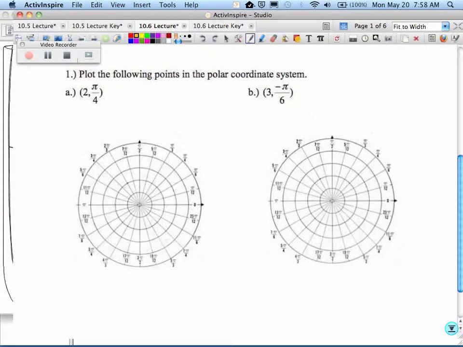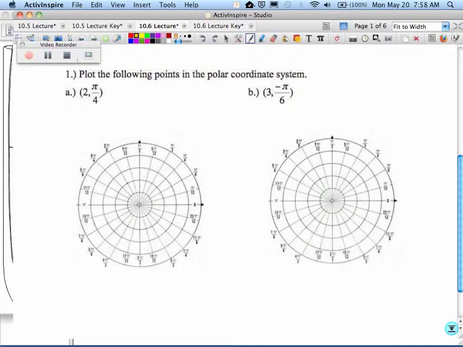It has the lines, we have some more circles in there. What else? Extra angles, pi over 12 and 5 pi over 12. So basically they're really marking every 15 degrees, or every pi over 12 on this now. So just keep an eye on that.